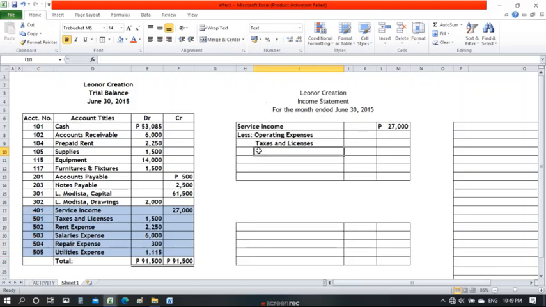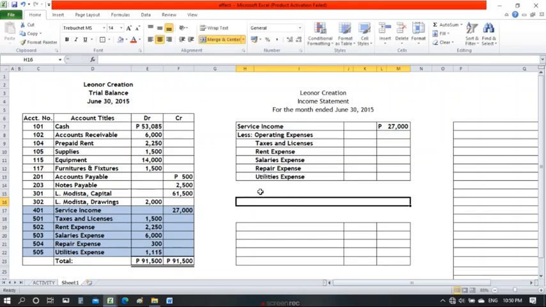In writing the expenses accounts, these should be indented, para mas pantay-pantay yung indention nyo, tapat siya dun sa operating expenses. So, rent expense, and then salaries expense, repair, and utilities expense. Add lang ako ng isa pang sheet kasi kulang.